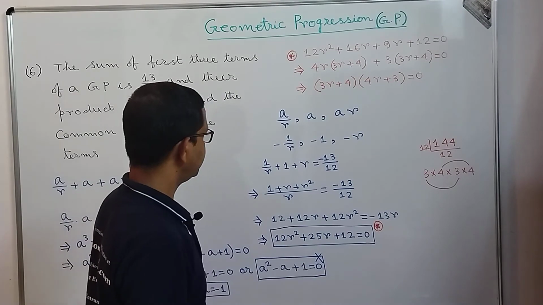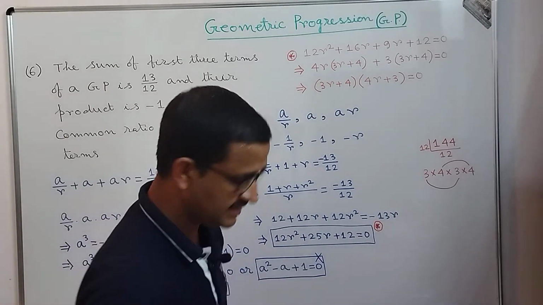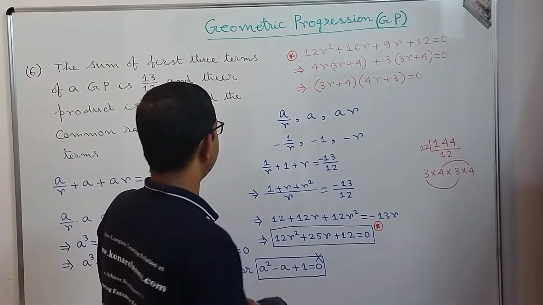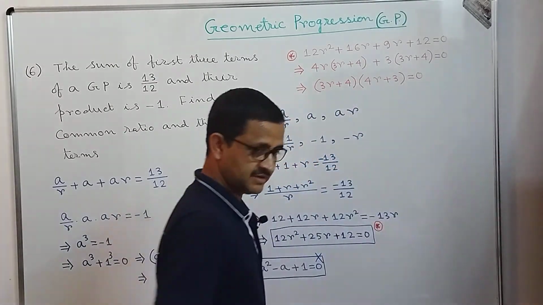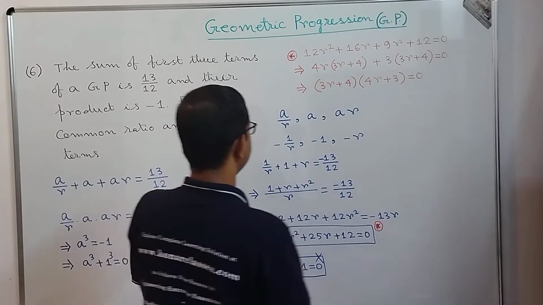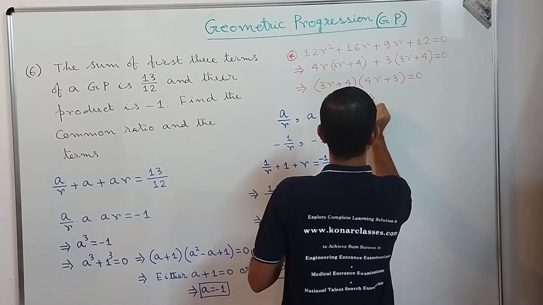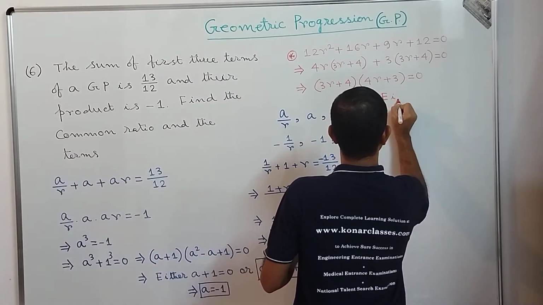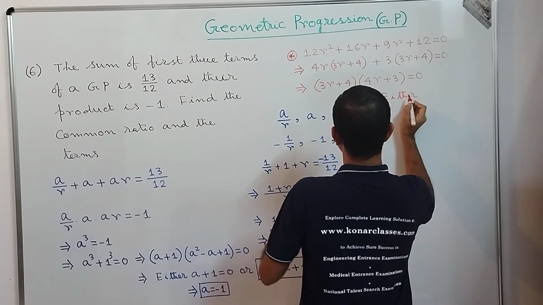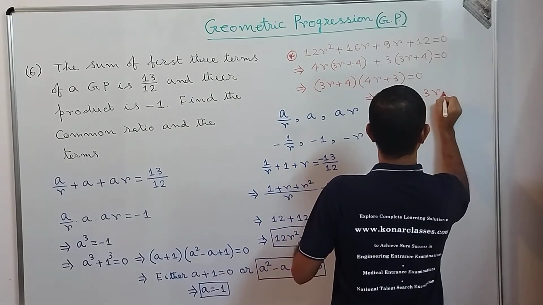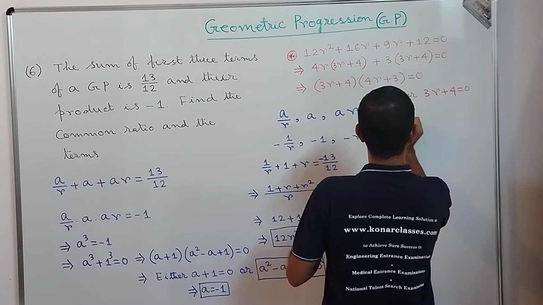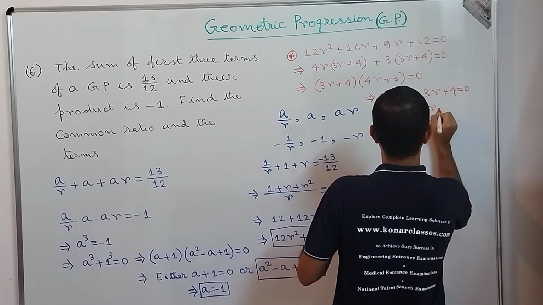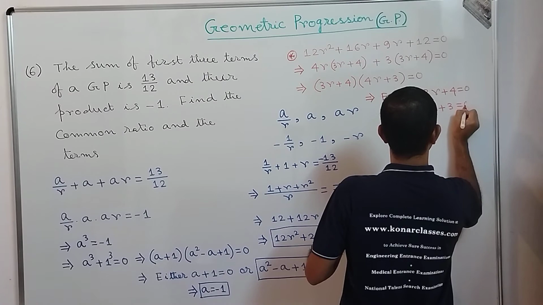So that implies what, dear students? That implies that either 3r plus 4 equal to 0 or 4r plus 3 equal to 0.